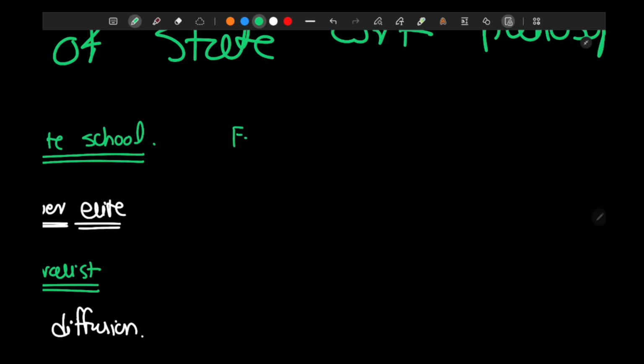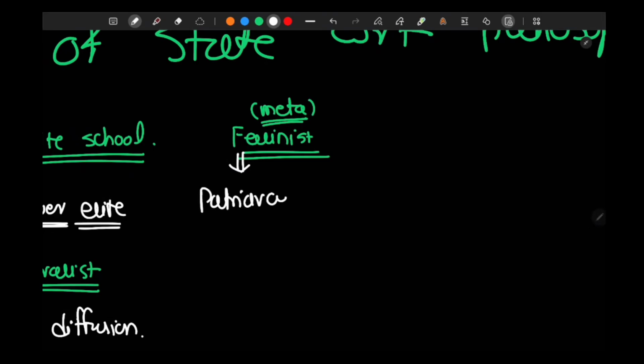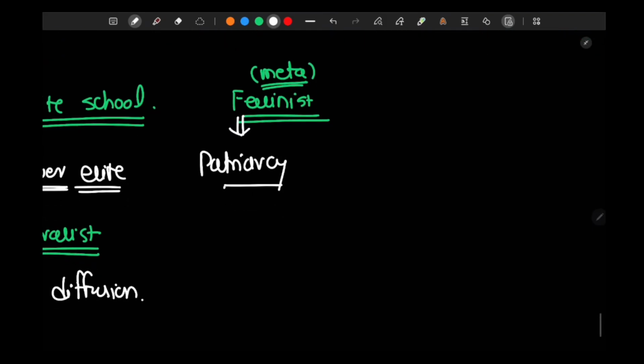Then there is feminist school of thought. Feminism is a meta ideology, a methodology, and feminist school of thought has multiple schools. But one common thread which binds all feminist schools is that they are all against patriarchy. Within feminism, there is liberal, Marxist, socialist feminism.